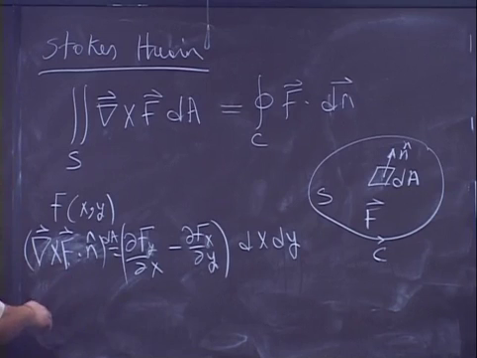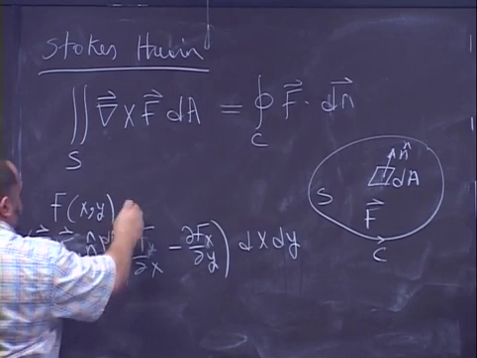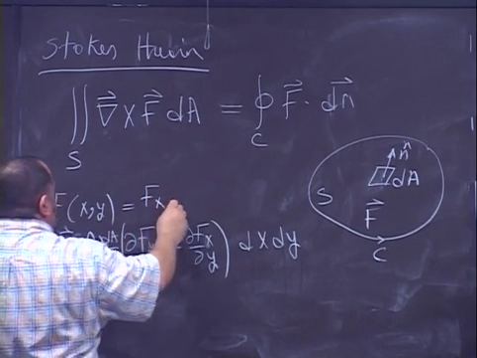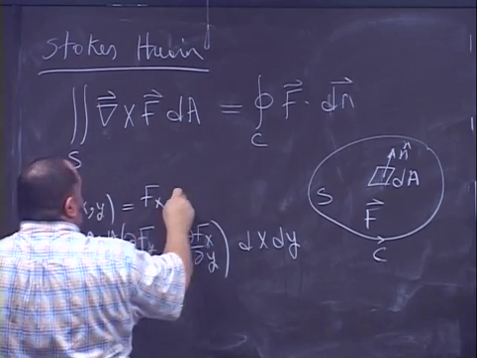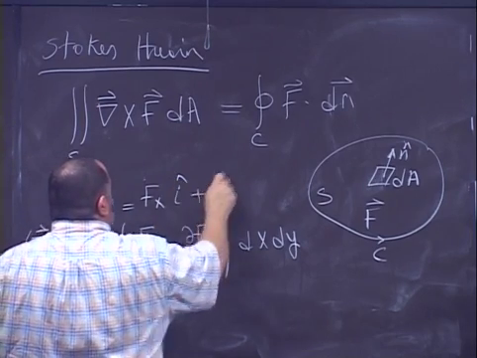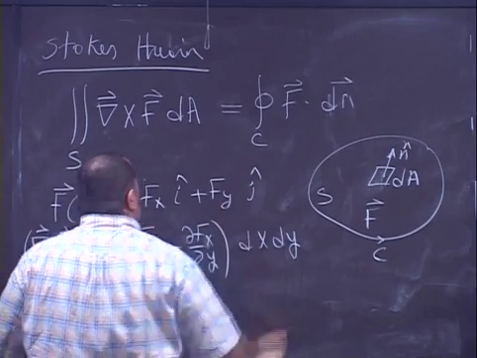So you can prove that f is just Fx in the i direction plus Fy in the j direction.